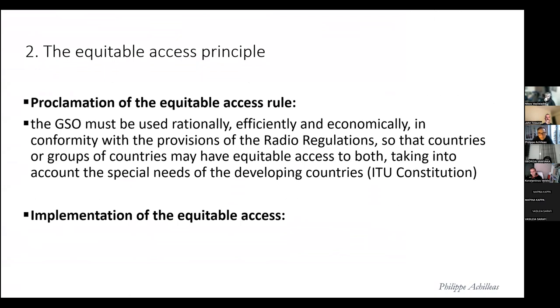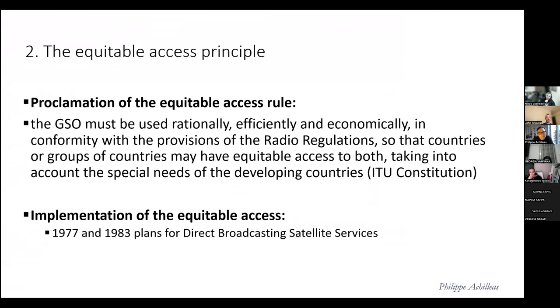At least we will recognize the equitable access principle. That is to say that we will recognize that the orbits and the spectrum cannot be used only for industrialized countries. So we need to take into account the needs of developing countries. So how?